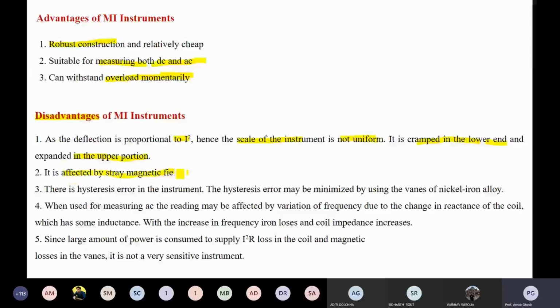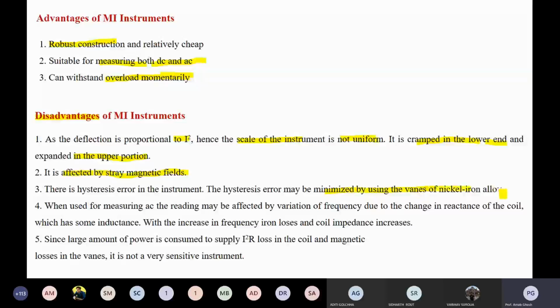It is also affected by stray magnetic fields, which is why additional shielding is required. There is a hysteresis error in the instrument because you are using a soft iron core in the moving iron instrument. The hysteresis error may be minimized by using vanes of nickel iron alloy.